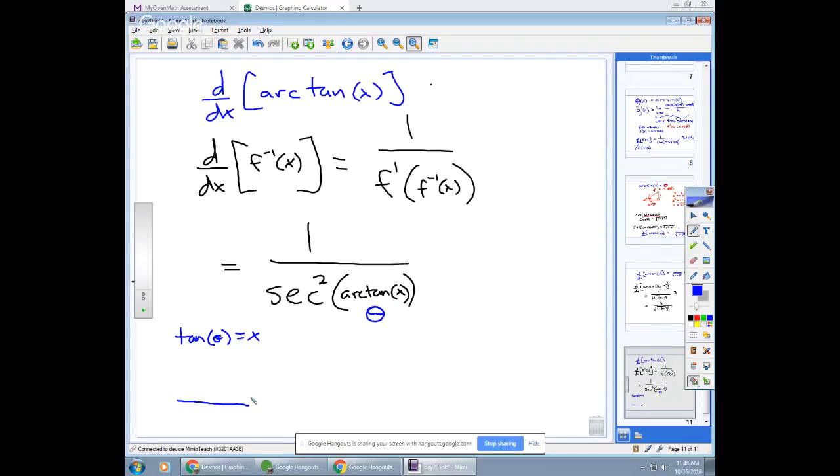So drawing that out, if this is theta right there, tangent is opposite over adjacent, right? So the opposite is x, the adjacent is 1. And then over here, I'm going to get the square root of x squared plus 1.